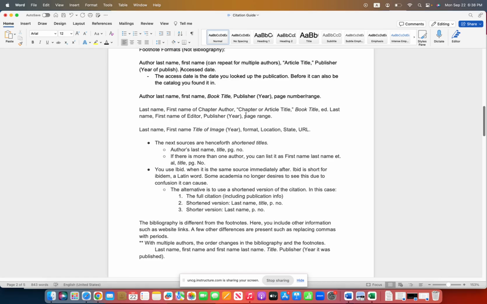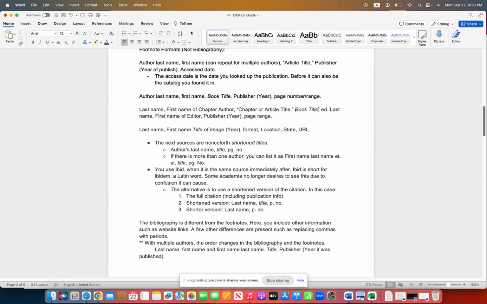If you're doing a chapter, it's going to be the name of the author of that chapter, that title, the book title. It no longer says "in" whatever the book title is or the journal title. We're just going to put that in italics. This can also apply not just to books, but to if you're looking into a historical journal of some sort.